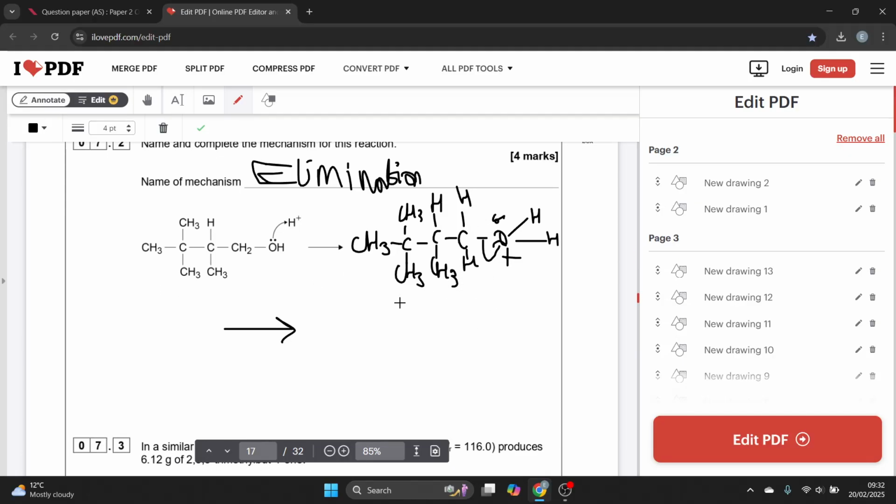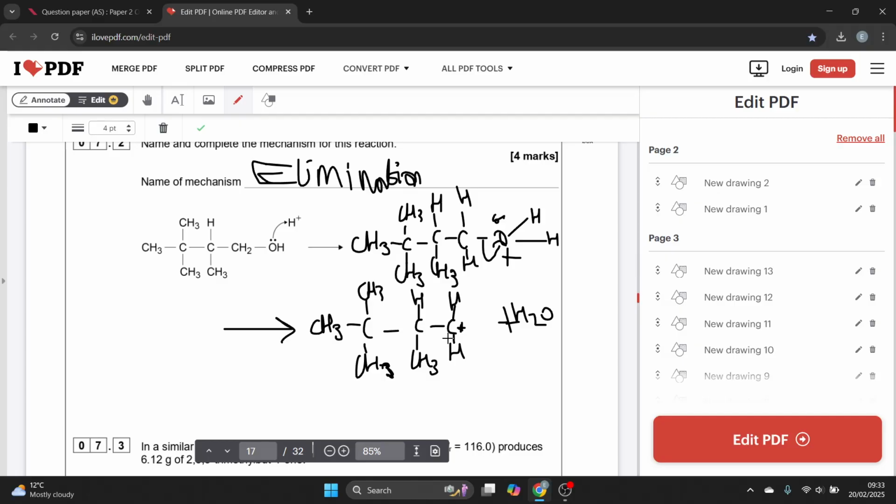Then you've got your CH3. Full marks for this as well, by the way, and all you have to do is memorize this mechanism. Then this is the carbocation, positive charge, and you've got your H2O, and you want to form a double bond.